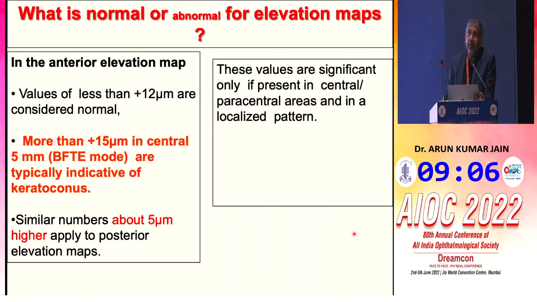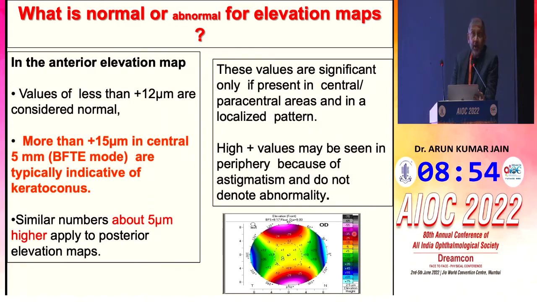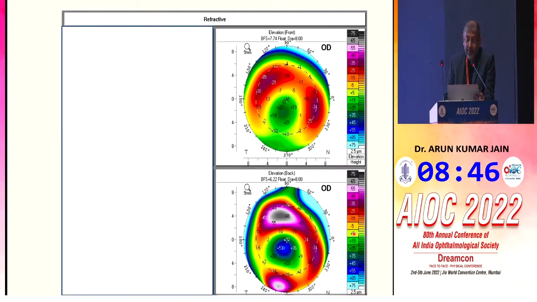Similar numbers, about 5 micron more on the posterior surface, are taken as significant. These values are significant only if present in the central or paracentral area in a localized pattern. High plus values may be seen in the periphery because of astigmatism, and they do not denote abnormality.